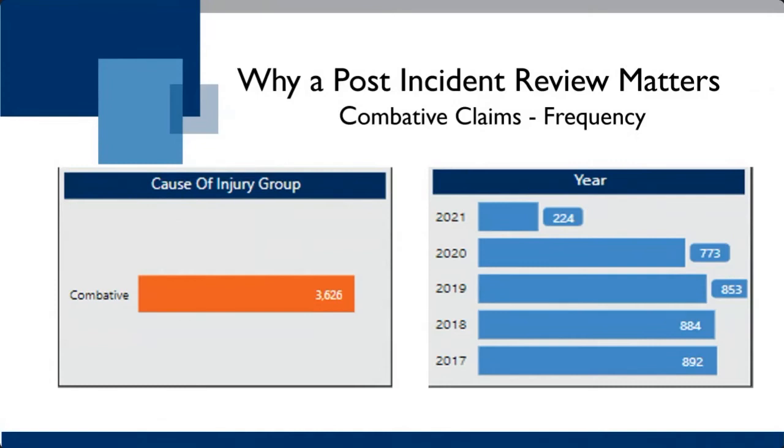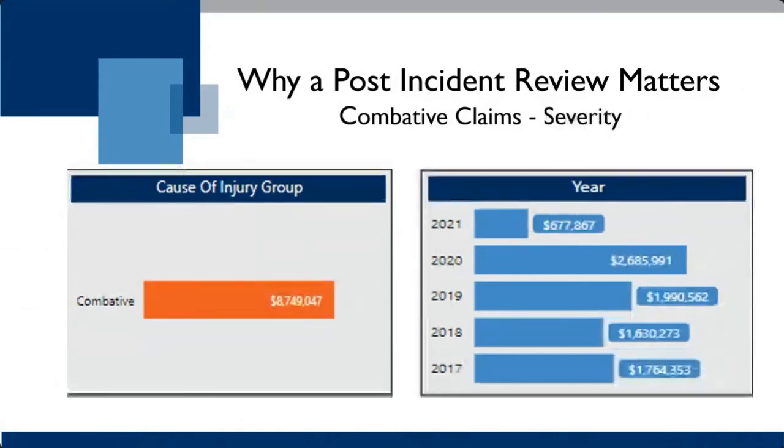It's kind of interesting how the incidents were lower in 2020 as far as the frequency, but on the next page, you'll notice that the severity of the claims that year was significantly higher. I don't know if there's a correlation between this and COVID. It's just something that I noticed when we were putting together the data.